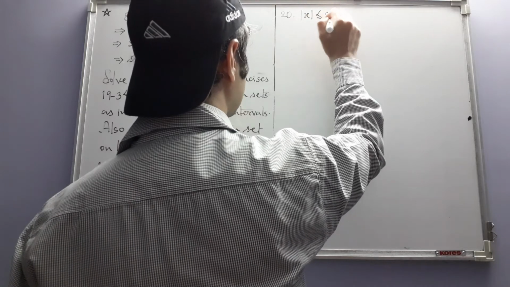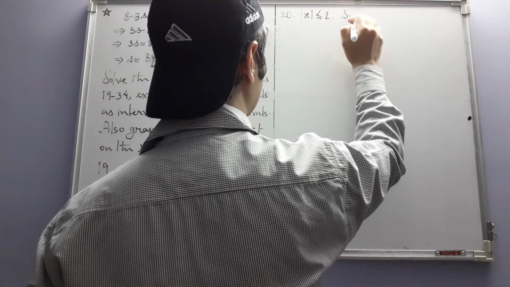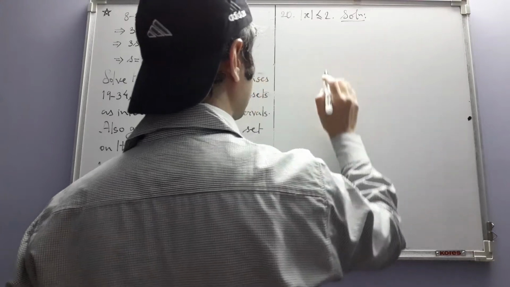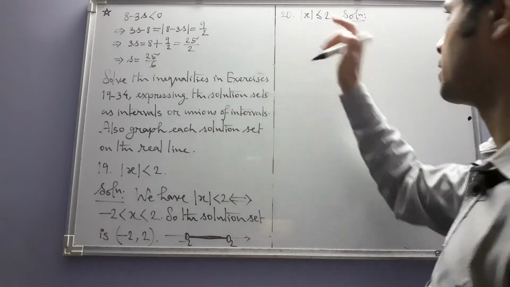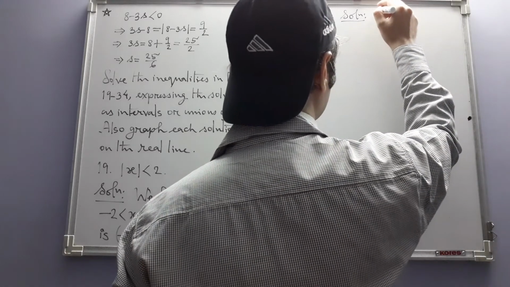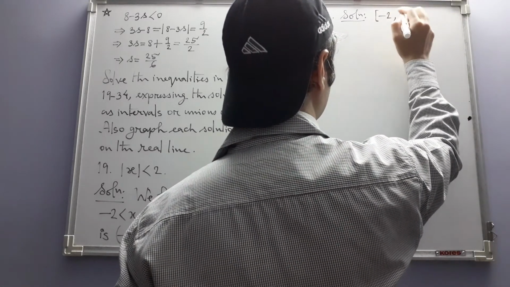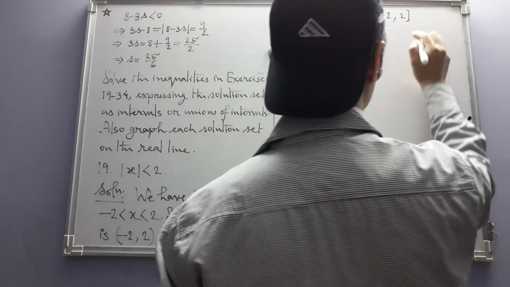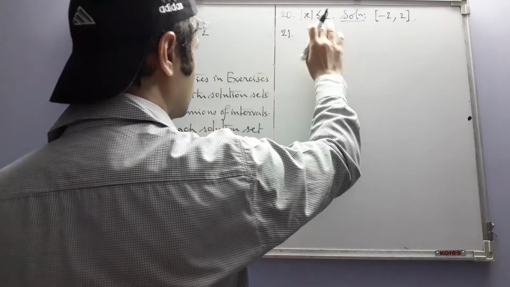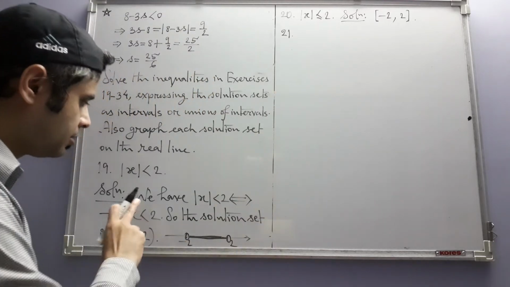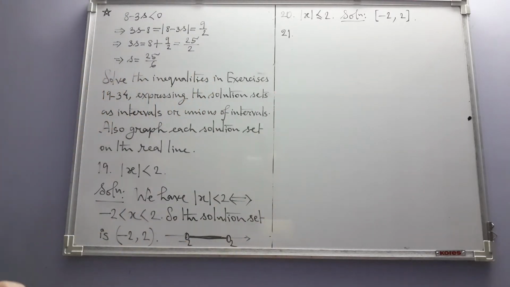This is less than or equal to 2. For this one, similarly, the solution set is the closed interval -2, 2, because in place of strict inequality we now have less than or equal to relation.